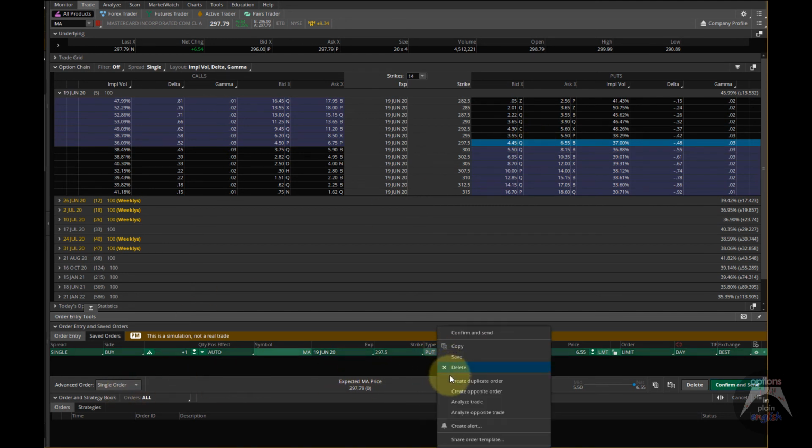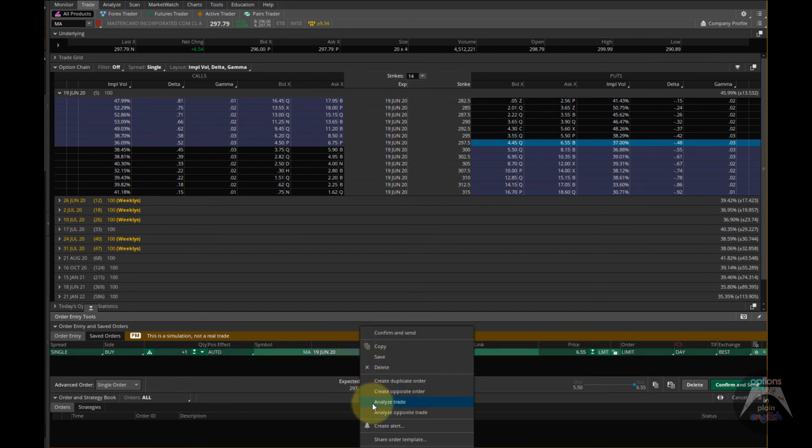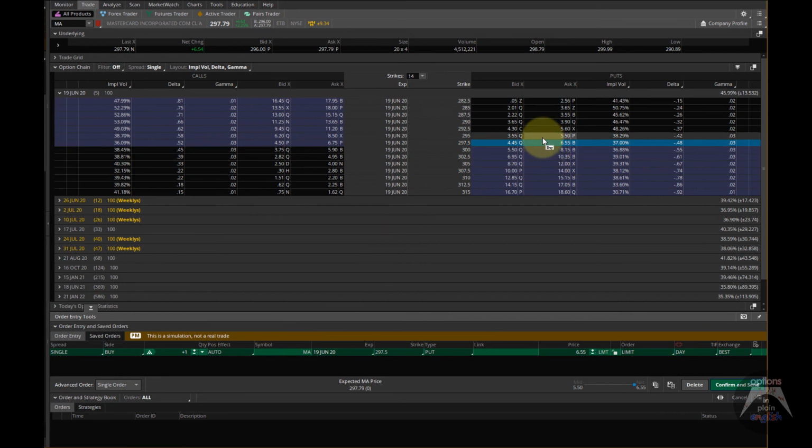And I'm going to analyze this trade. So I'm going to be buying one of the 297.5 put with 5 days to go at 6.55, which is the price. So I'm going to put this price right here and this trade right here. I'm going to go back and do the opposite. I'm going to be selling this put.